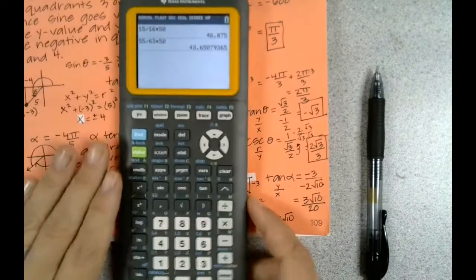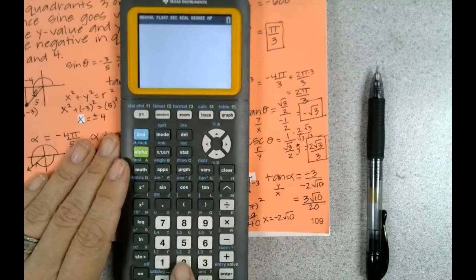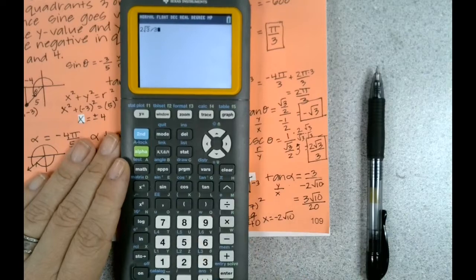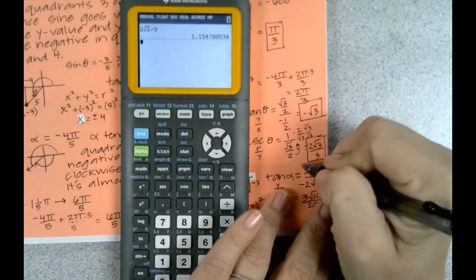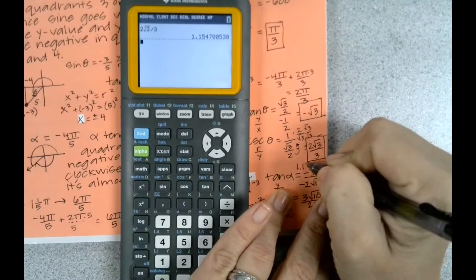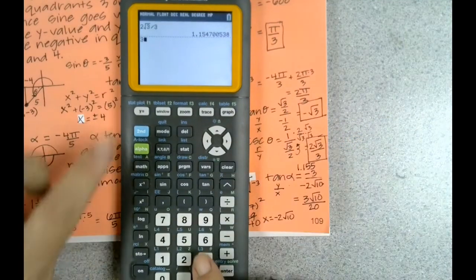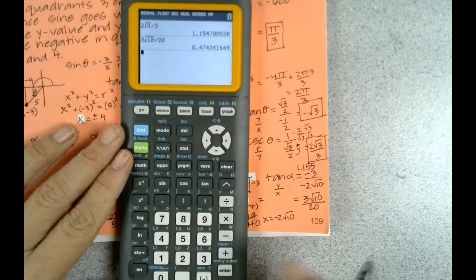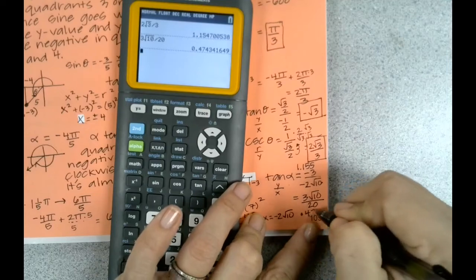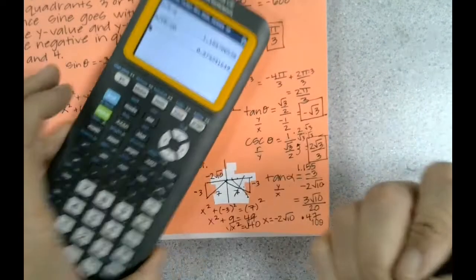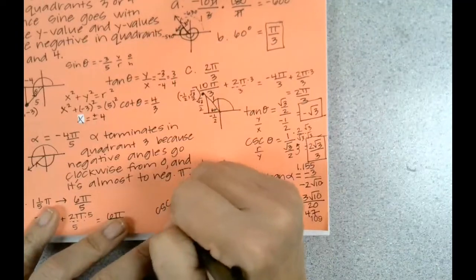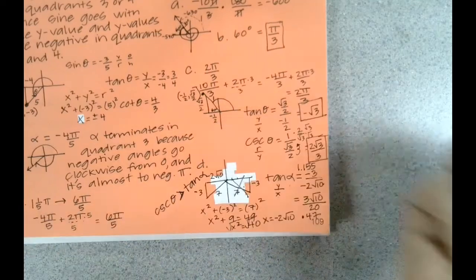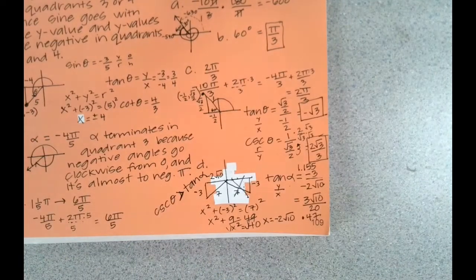So we have 2 square root 3 divided by 3, which is about 1.155, and 3 square root 10 divided by 20 is 0.47. So I would definitely say that, I'm just going to write it over here, cosecant theta is greater than tangent alpha. Okay, so that's that one.